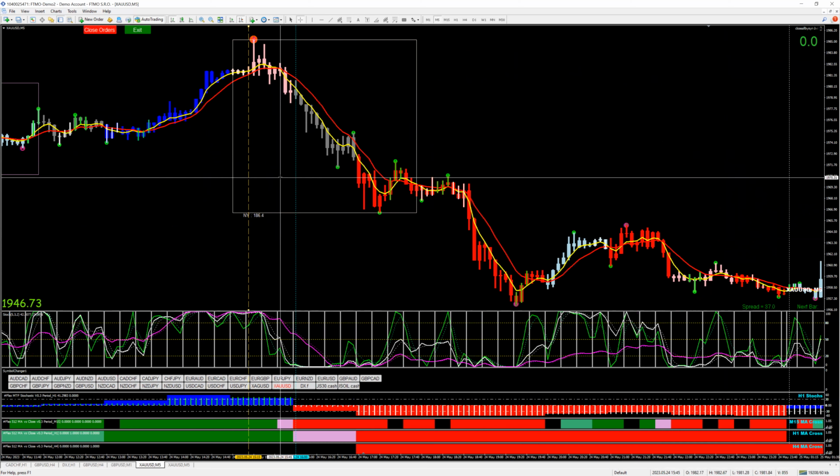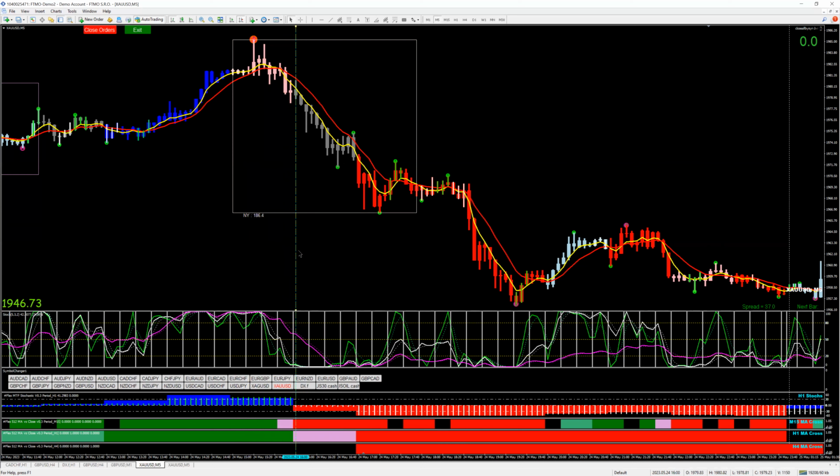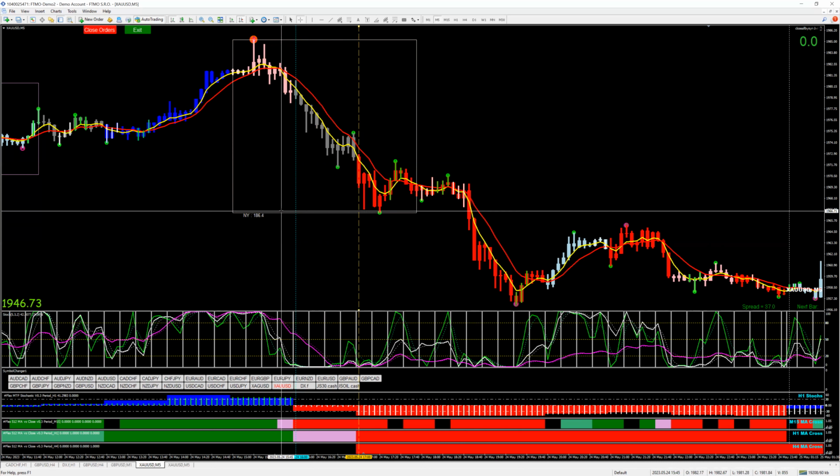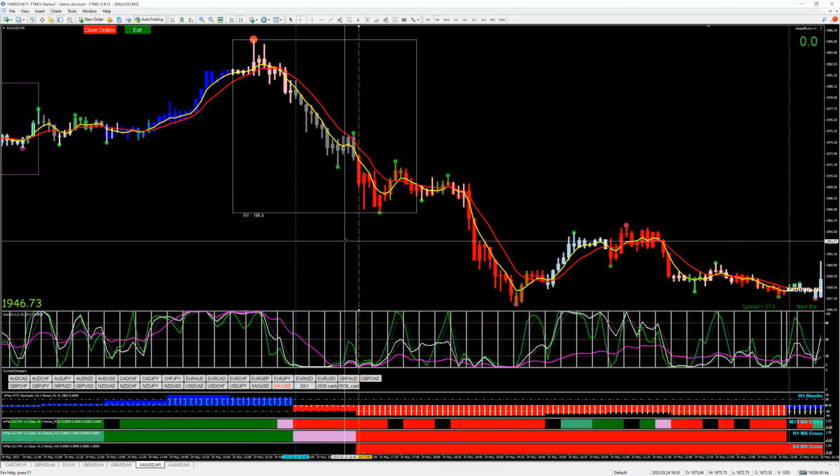Now the short condition is right there, but the 1-hour stochastic is not ready in the sense that it hasn't started to turn on below 80. So our entry is over here. This would have been an aggressive entry here, but this is the safe entry.